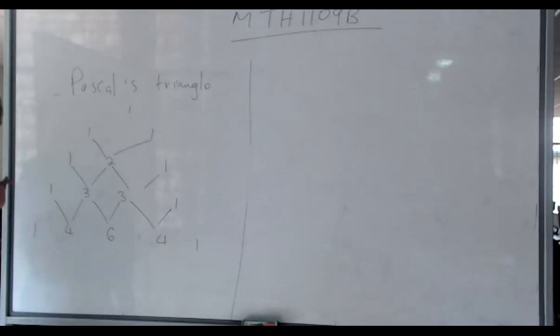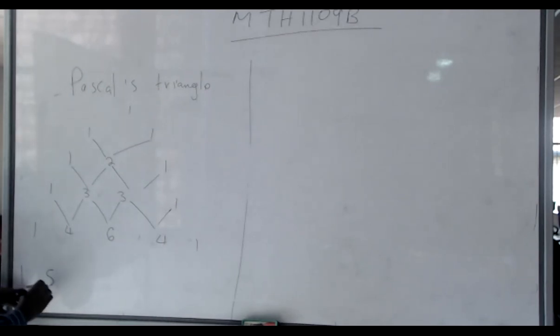So if I was to get 5, let us see. What will be my next coefficient here? I'm going to 5. What will be my next coefficients for 5? 5. 10.